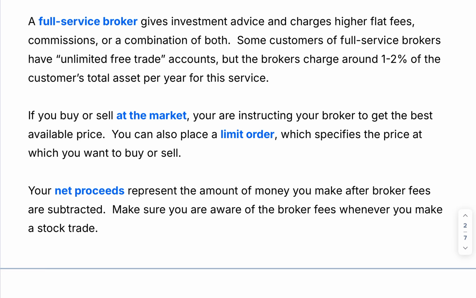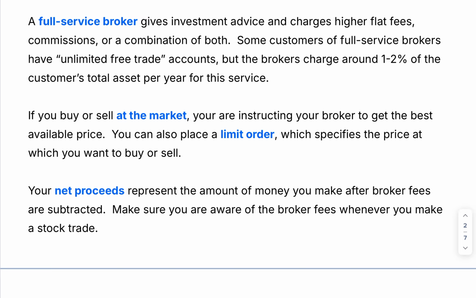You can also put a limit order on the sale of your shares. So you may call your stockbroker and say, "I would like to sell my shares and put a limit order at $25 per share." And so as long as the shares are selling above $25, your stockbroker will continue to sell until it drops below $25.